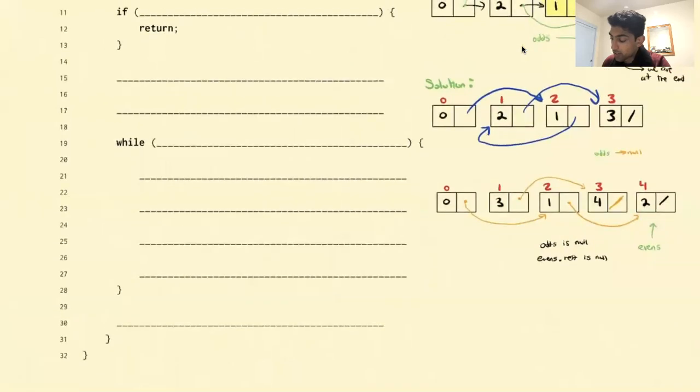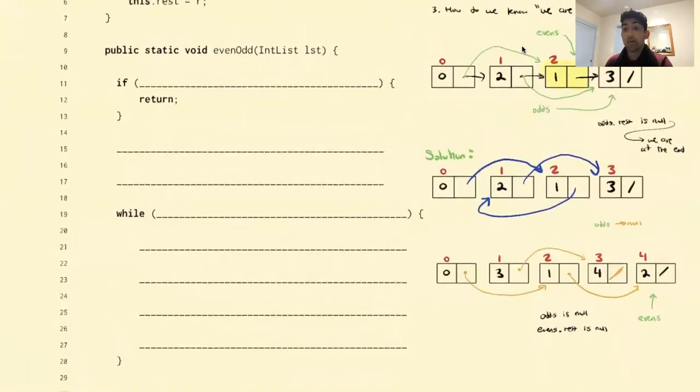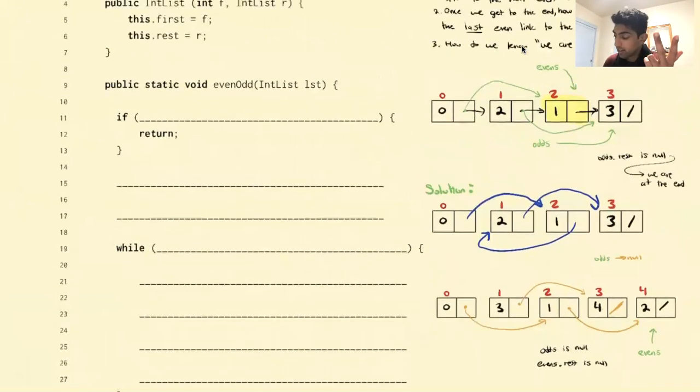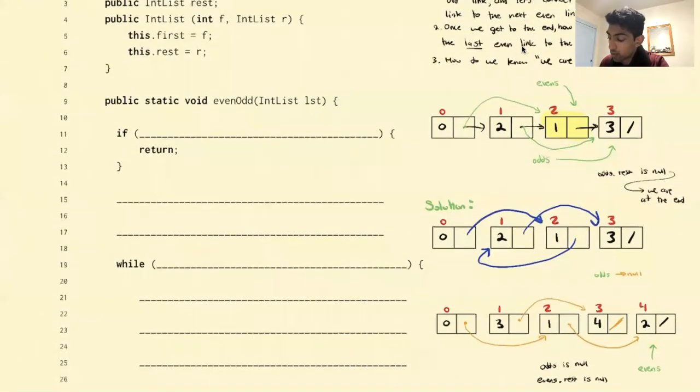The first thing that we want to do is we want to create 3 pointers: evens, odds, and second, right? Remember that second is going to be pointing to the second linked list in our chain, so that once we get to the last even index link, we can point the last even index link all the way back to second, right? The only problem that you guys might see is that we can only really keep track of 2 of these pointers.